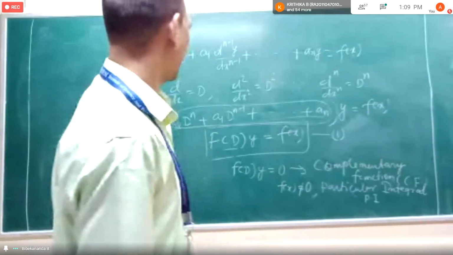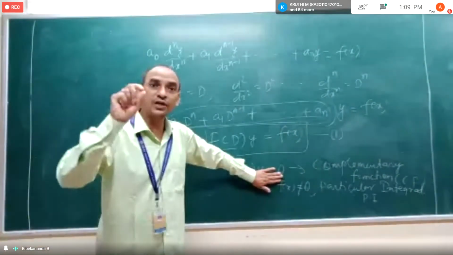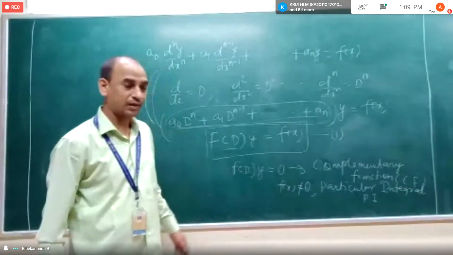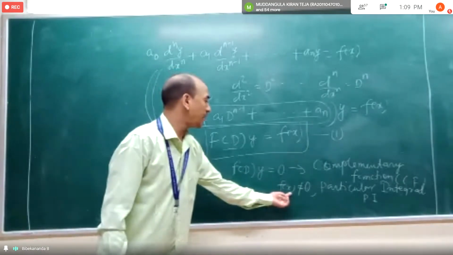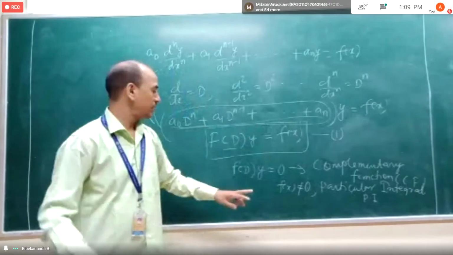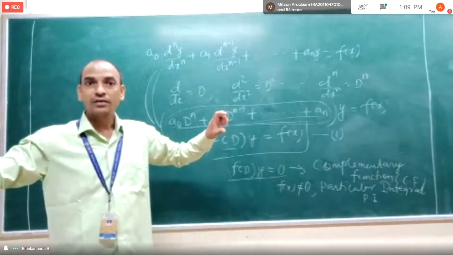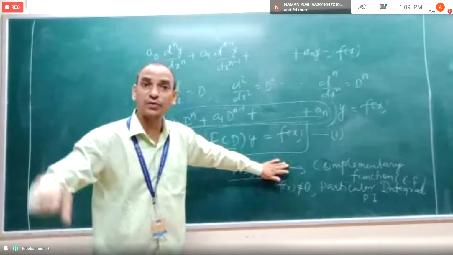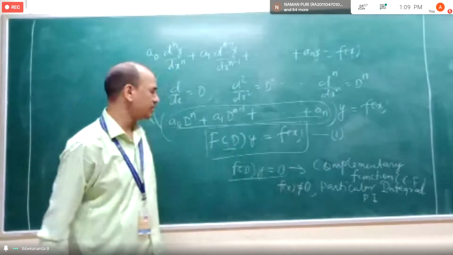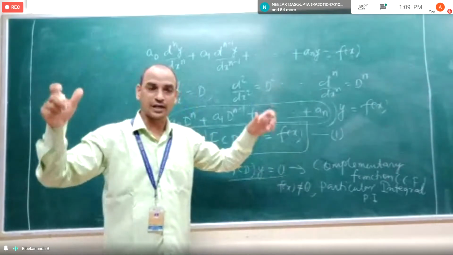So if f of d of y equal to 0, we need to find only the complementary function. But if f of x is not 0, then we need to find both things. For the complementary function we take f of d of y equal to 0, and then for f of x non-zero we find a particular integral.